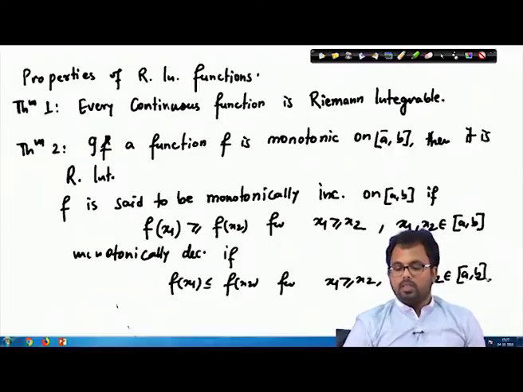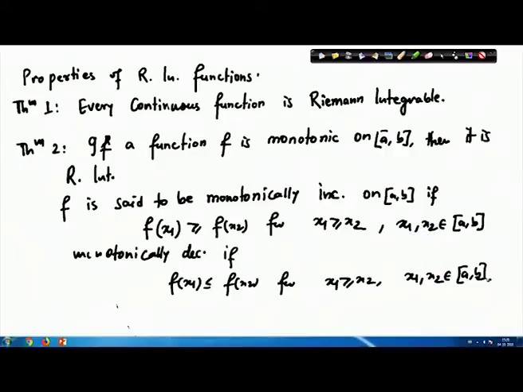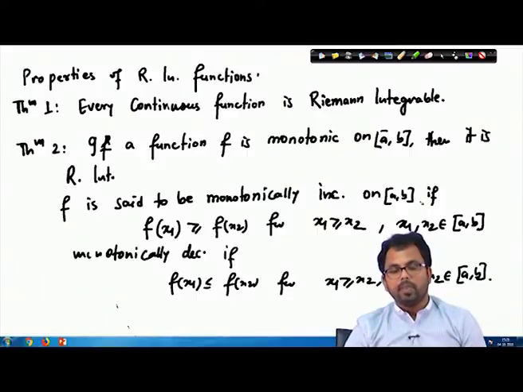Here we can see that if a function is monotonic, let's assume monotonically increasing on this closed interval a, b, then of course it is bounded, and all we have to show is whether UPF minus LPF is less than epsilon, and that will ensure Riemann integrability.